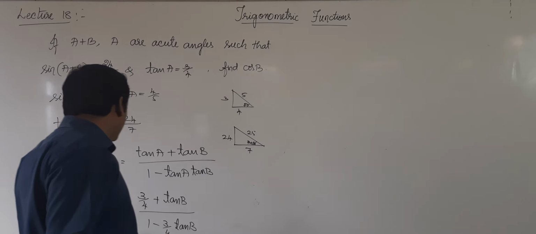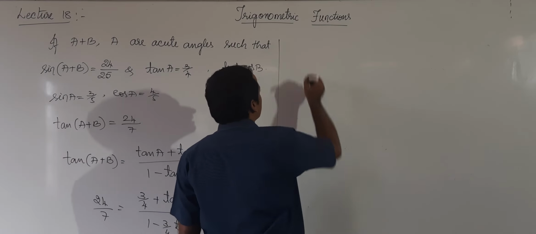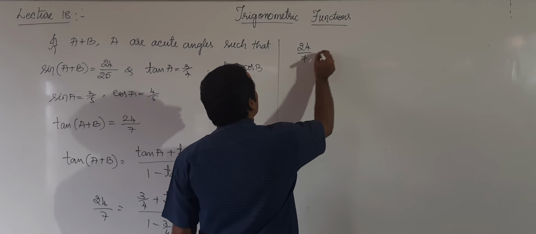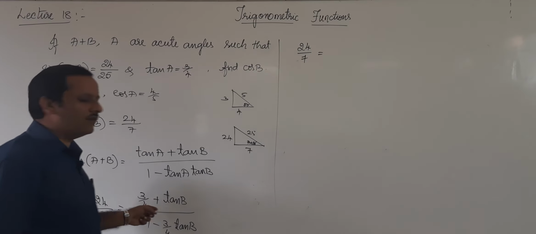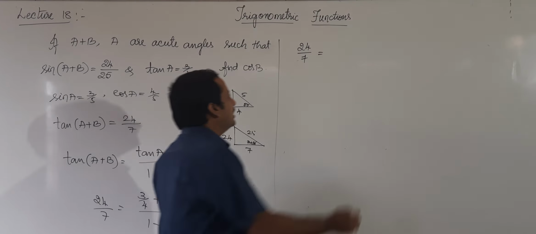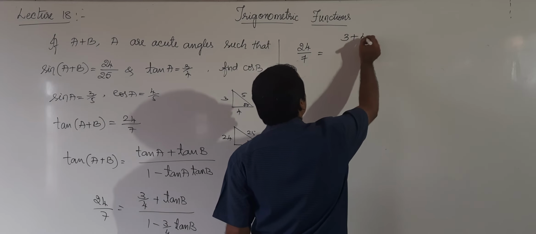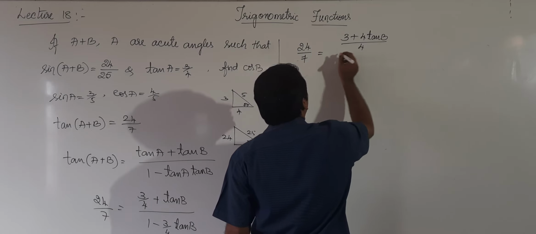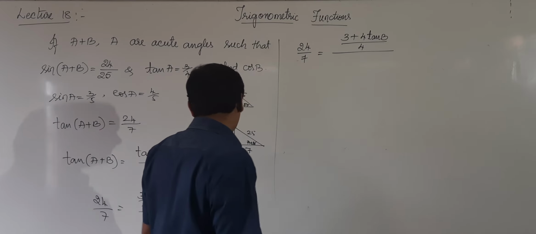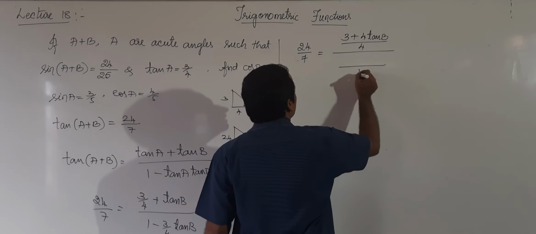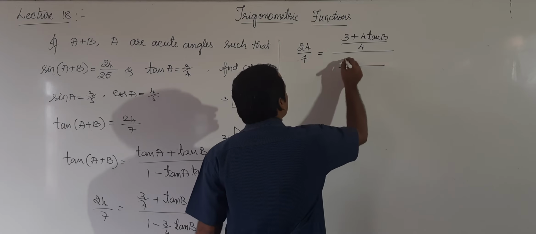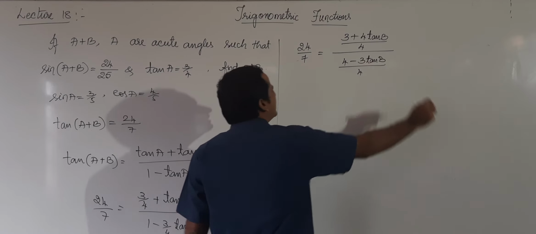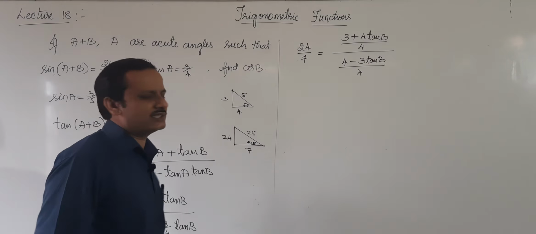Okay. Now let us simplify. LHS I will keep as it is, 24 by 7. On RHS I will take 4 as the LCM here, so it will become (3 plus 4 tan B) divided by 4, whole divided by, here also I will take 4 as the LCM, in the numerator you will have 4 minus 3 tan B. 4 gets cancelled.